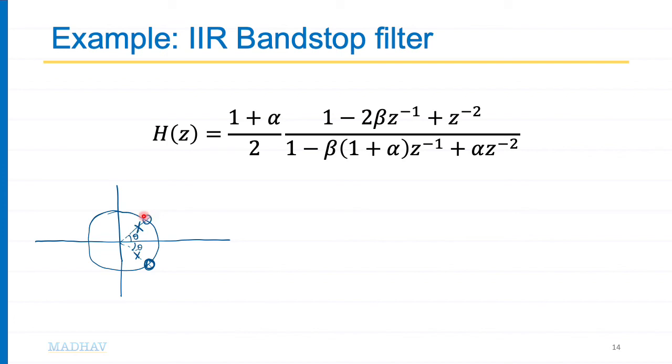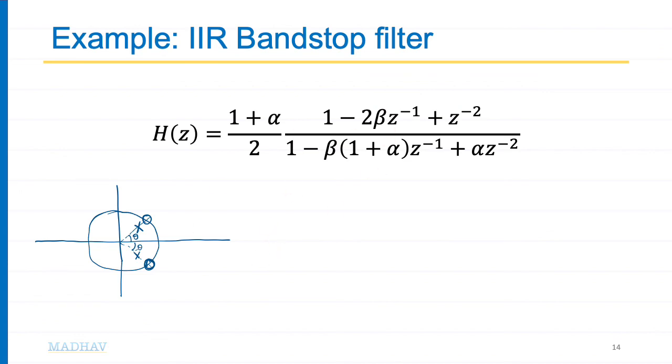You want to have a zero somewhere in the middle where you want to stop the band. So you have a 0 around this frequency, and around this there will be low power here and high power here. By designing the alpha and beta parameters of the filter, I can control where I want to put things.